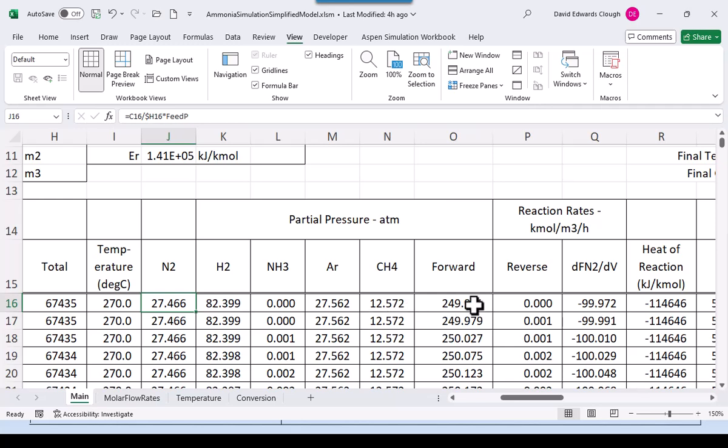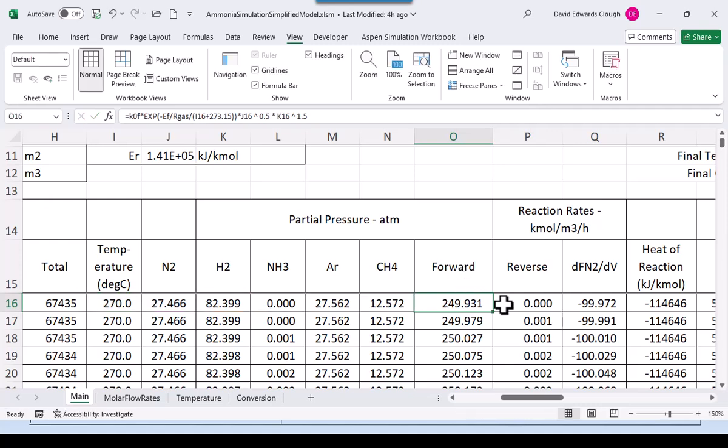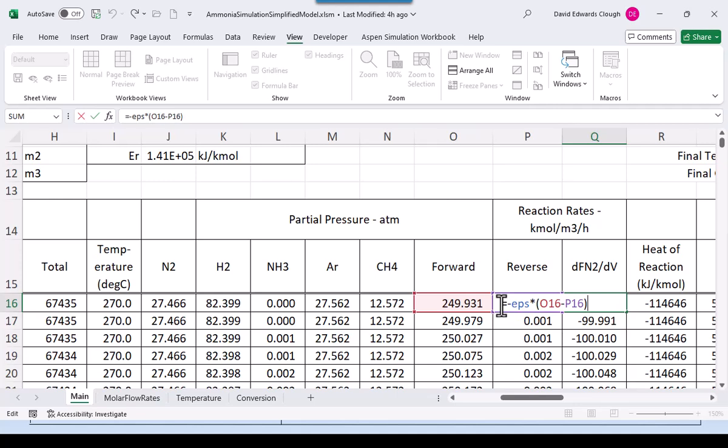Once we have partial pressures, we can calculate what the forward and the reverse reaction rate parameters are. And then we can calculate the reverse reaction, which in this case is 0 because there's no ammonia yet. And then we have the differential of nitrogen, flow of nitrogen with respect to volume, and that is given by the equation that we described.